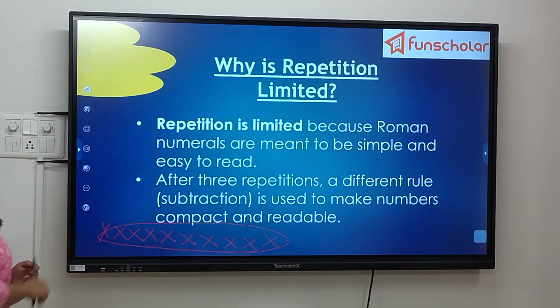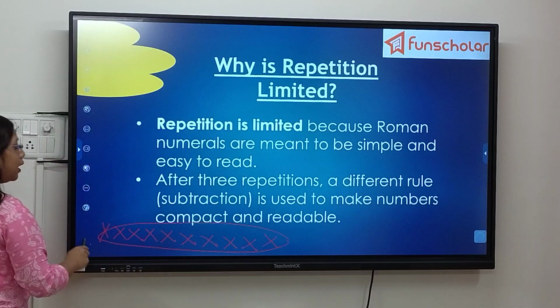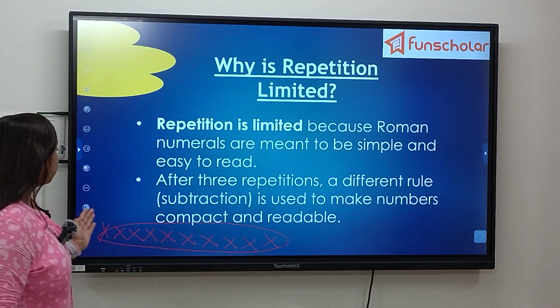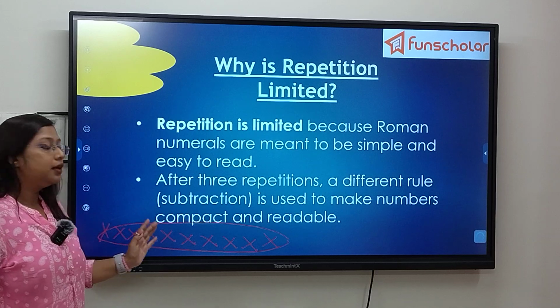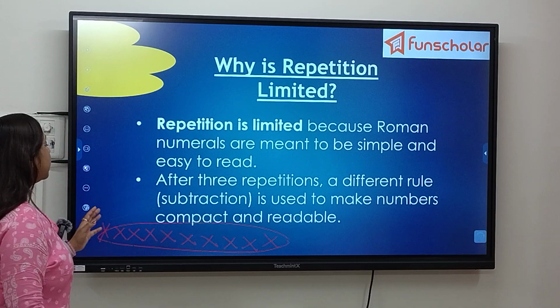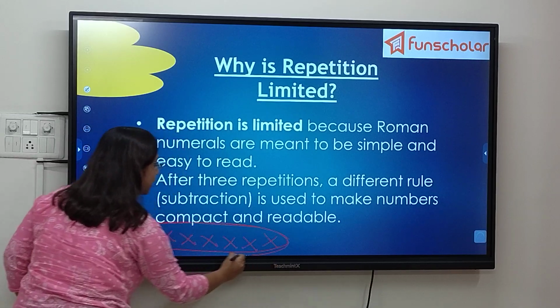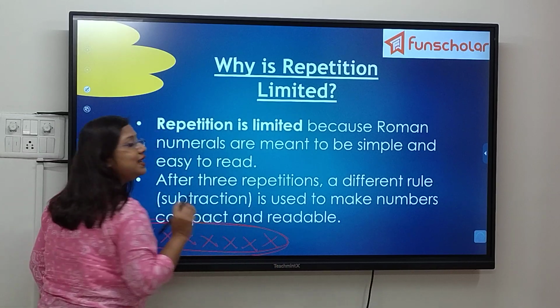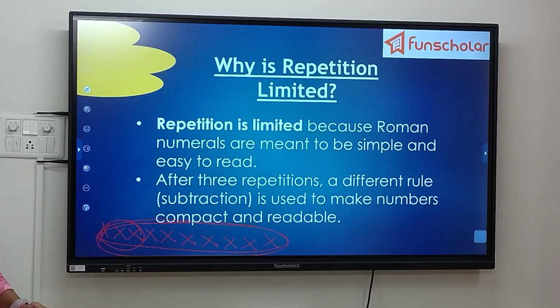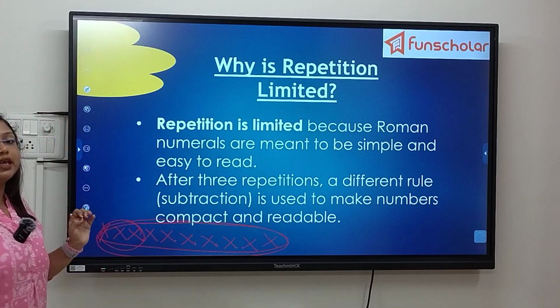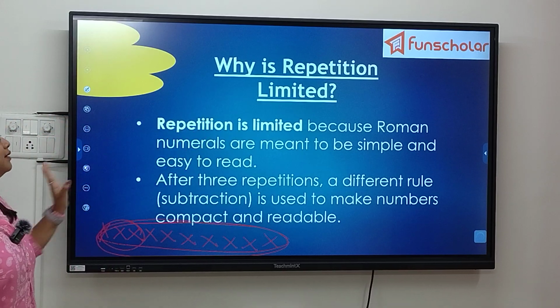सोचो कोई दुकान में गए एंड आई टोल्ड द शॉपकीपर दैट मुझे इसी अमाउंट का कोई चीज़ चाहिए, तो वो कॉम्प्लिकेटेड हो जाएगा, वो तो काउंट करने बैठ जाएगा ना कि कितना ही है. बट अगर मैं इतना ही बता दूँ उसके बाद ये इतना ज़्यादा रोमन न्यूमरल्स यूज़ करना ना इजी नहीं होता है. उससे अच्छा है तो हिंदू न्यूमरल्स ही यूज़ कर ले, हिंदी अरबिक से यूज़ कर ले. तो रोमन न्यूमरल्स का रिपीटेशन रूल लिमिटेड इसीलिए किया गया था कि ये सिंपल और इजी टू रीड है.